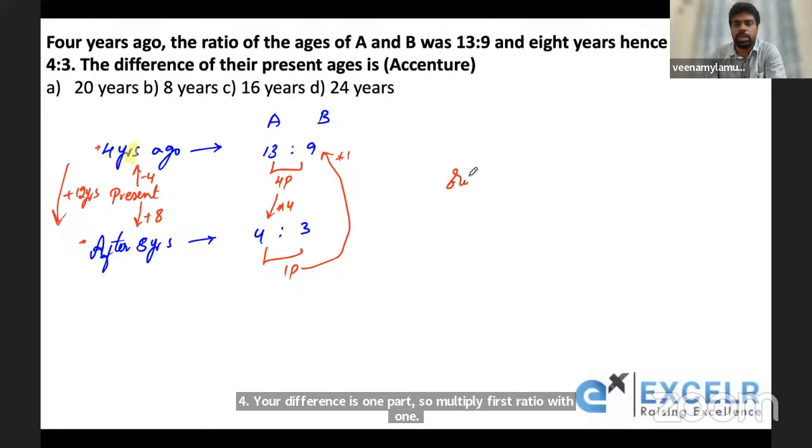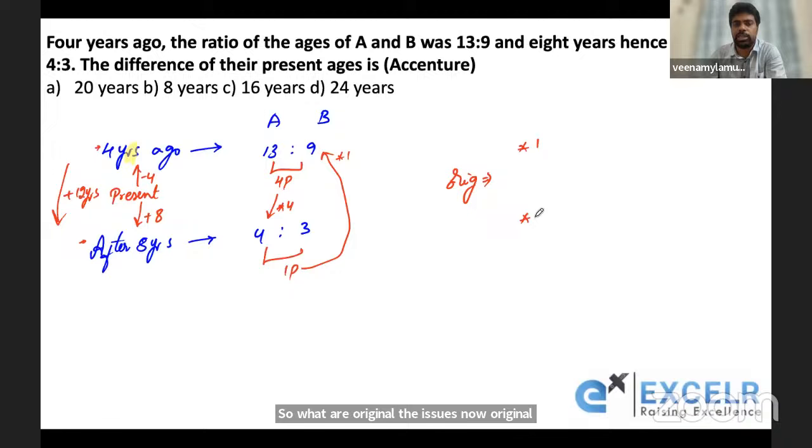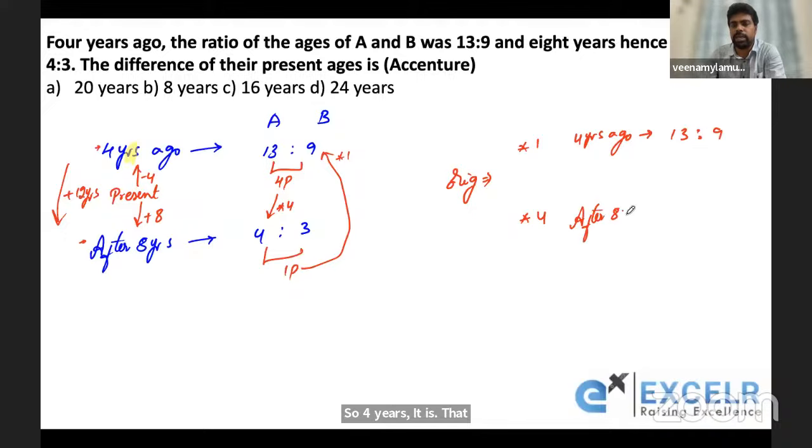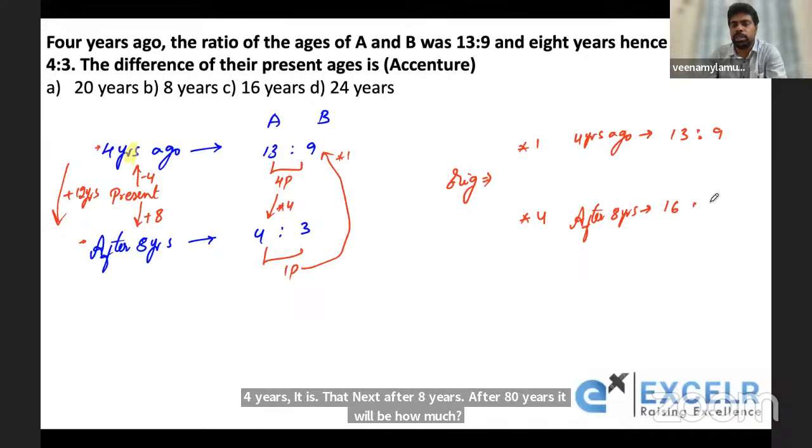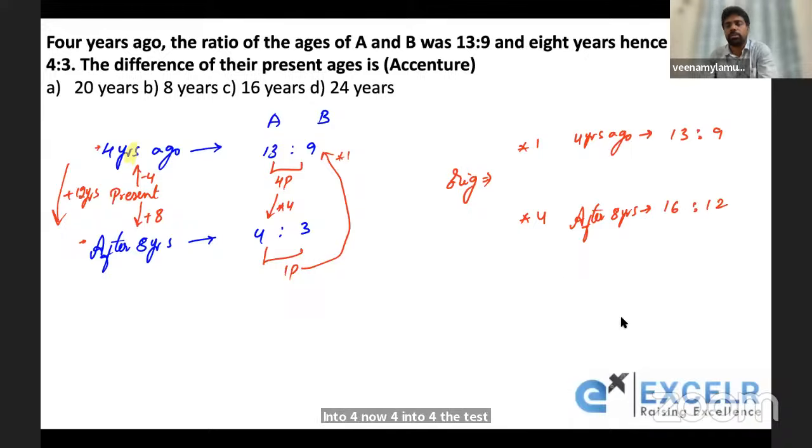So what are the original ratios now? The first ratio should be into 1, the next ratio should be into 4. So 4 years ago, it is 13:9. Next, after 8 years, it will be how much? 4 into 4, that is 16. Here it is 12.